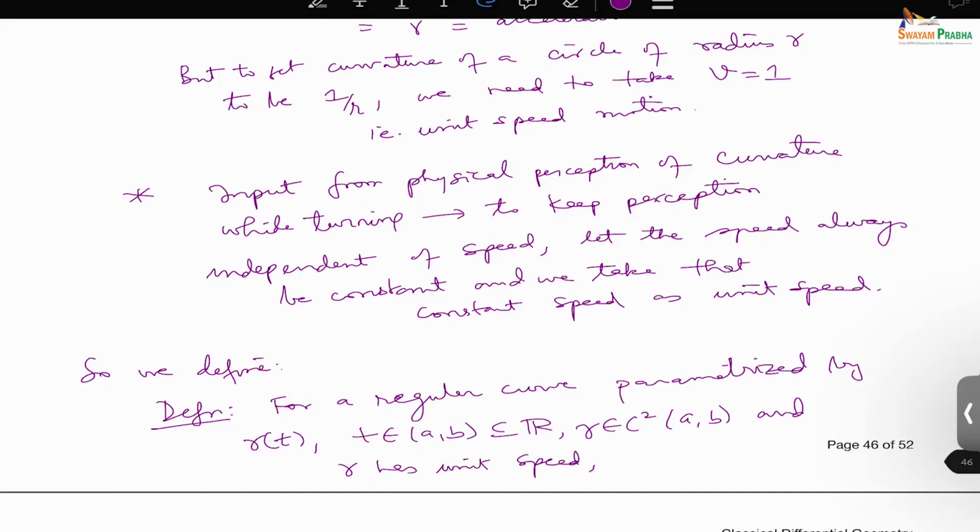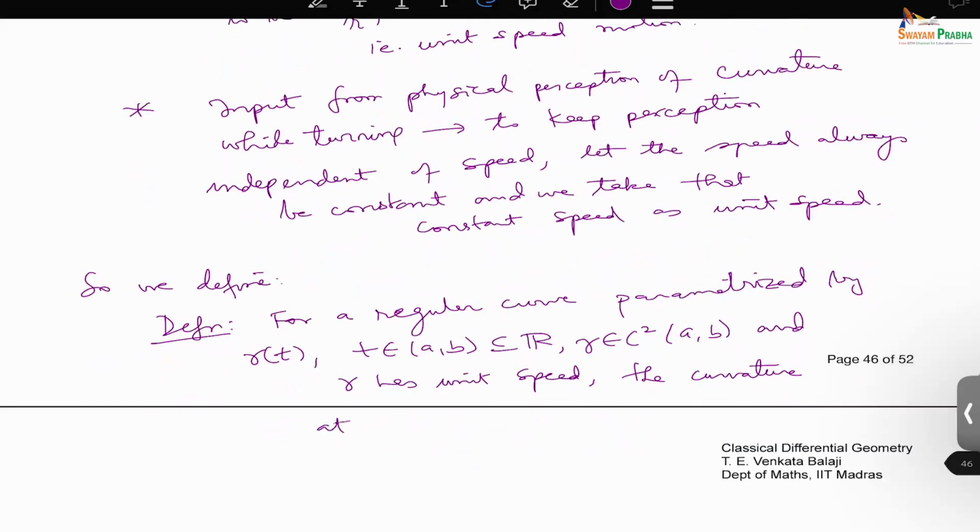Okay, the curvature at the point corresponding to gamma of t is kappa of t.